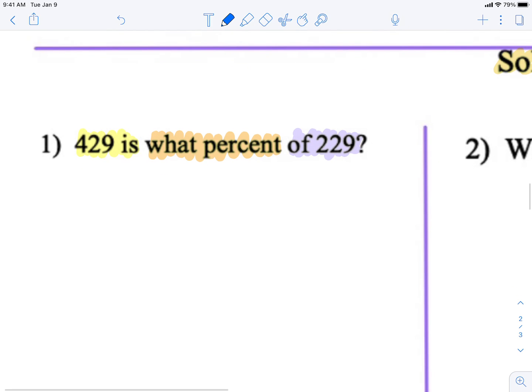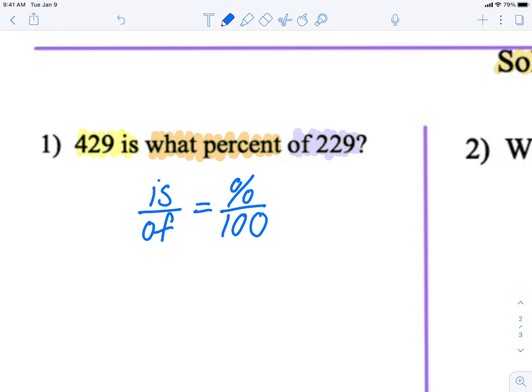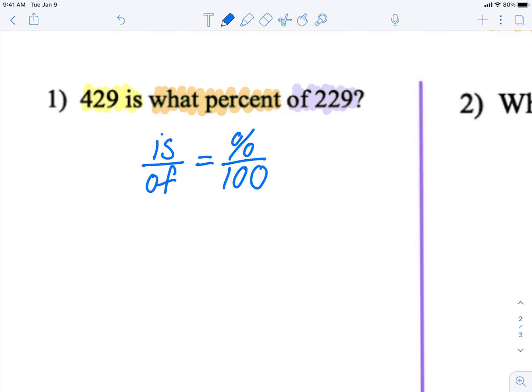So let's remember that our percent proportion is is over of equals percent over 100. So what is is? Well, is 429. So 429 over what is of?